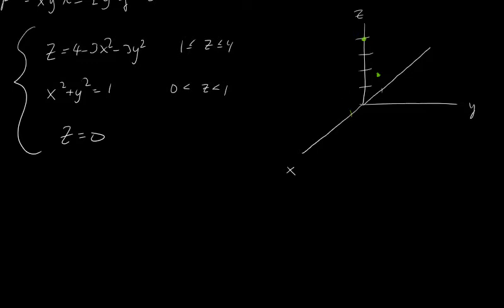So it looks like it's going to be like this, and then coming in the y direction, it's the same thing. So we're going to have this point, 1, 1, negative 1, 1. There we go. So it's going to kind of look like this.